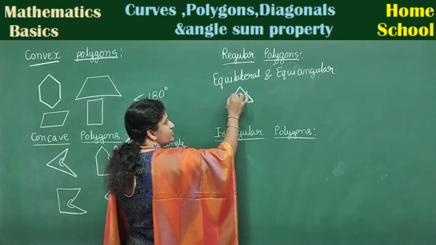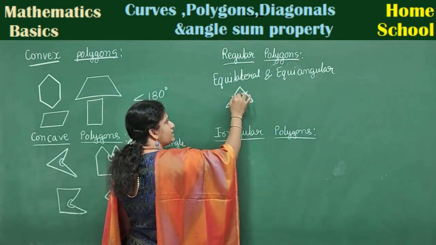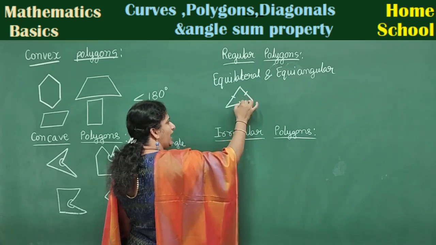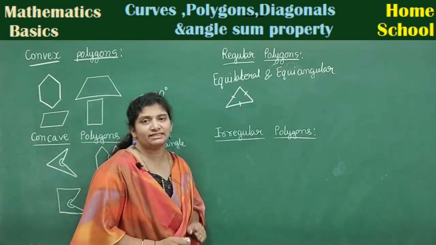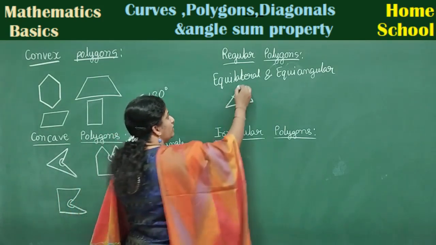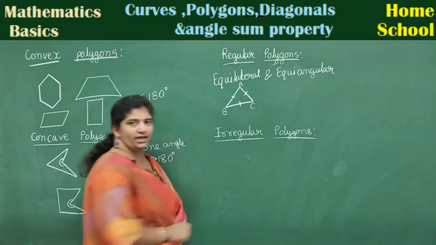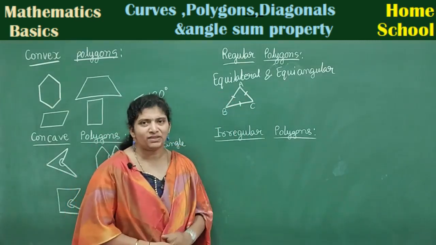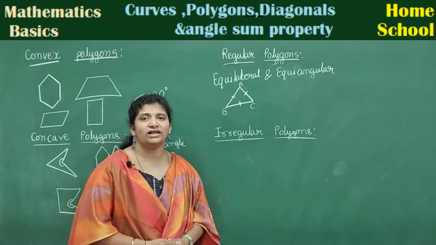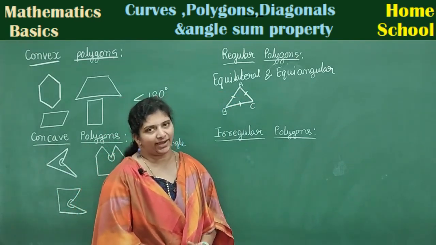And you can see here, children, the small line which I have drawn. See the small mark I have made. It shows that these line segments' lengths are equal. Look here, I have taken an example of a triangle ABC where AB equals BC equals CA. All three sides are equal, we call it an equilateral triangle.